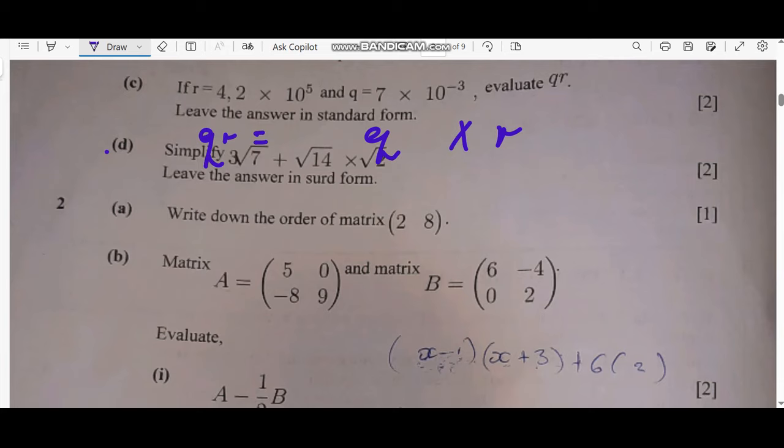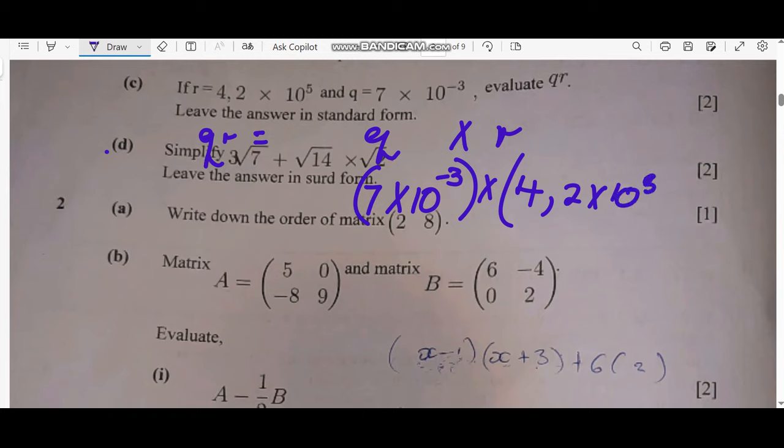So the standard form representing Q is 7 times 10 to the power of minus 3, right? Times the value of R, 4,2 times 10 to the power of 5. Then what are you going to do?